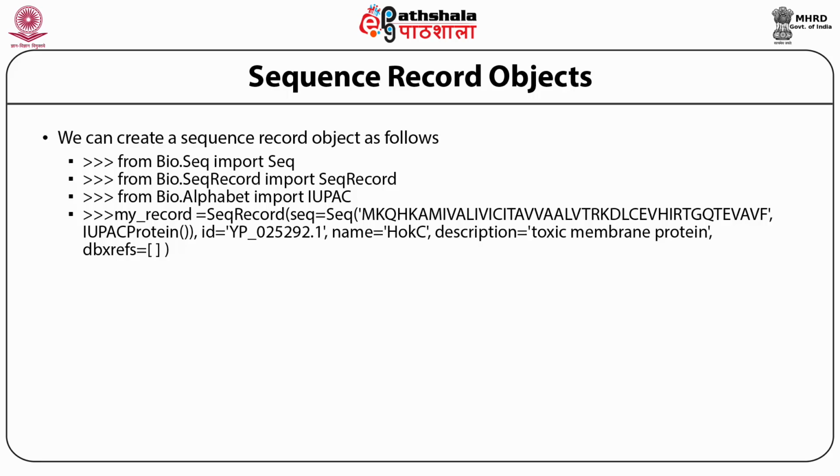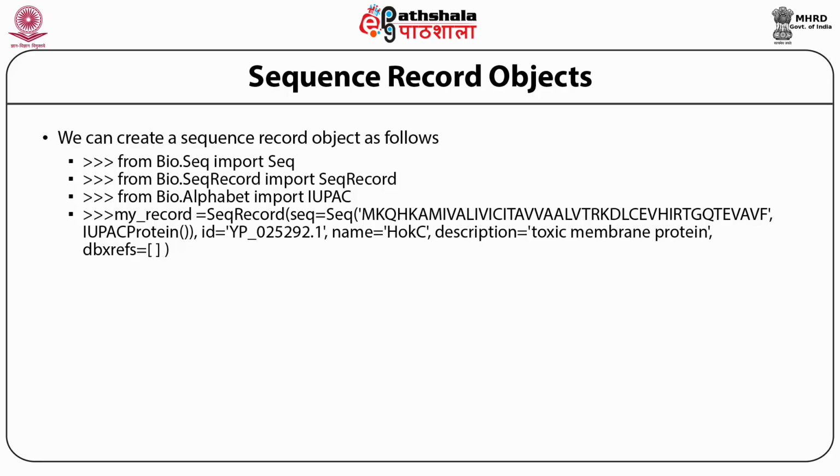On the next line, as usual, since we are handling alphabets, that also has to be imported from IUPAC. So from Bio.Alphabet import IUPAC. With all these modules imported, we can create our SeqRecord object. As usual, I call my SeqRecord object my_record. The function that creates the SeqRecord object is SeqRecord, with appropriate capital letters as displayed here. In the brackets, you can give the sequence.